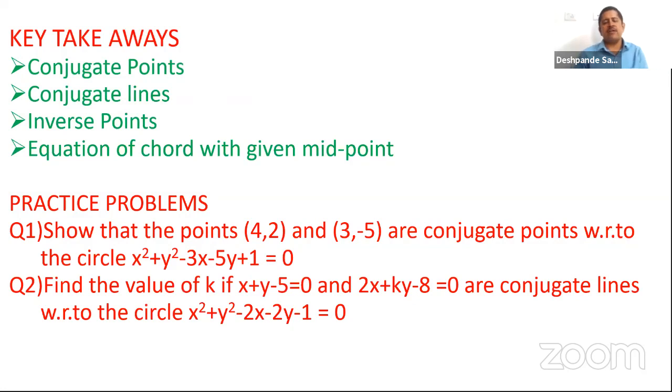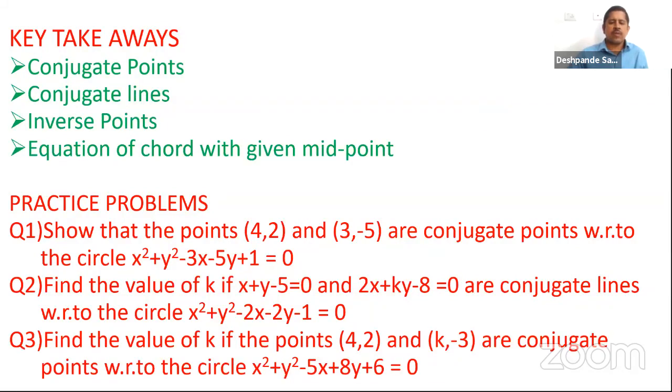Then find the value of k. The lines are conjugate lines, and find the value of k. The points are conjugate points. So the first problem will be a 2 marks question, the second problem will be a 4 marks question, and the third problem will be a 2 marks question in your IP examination.